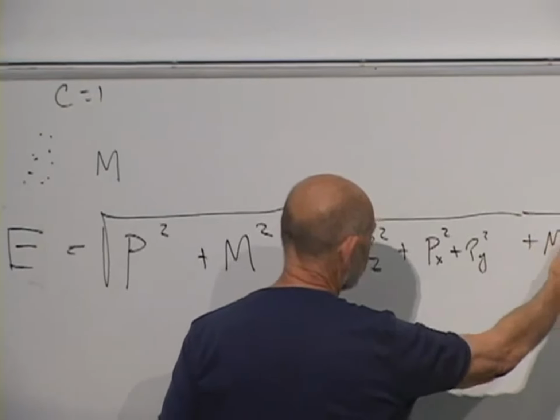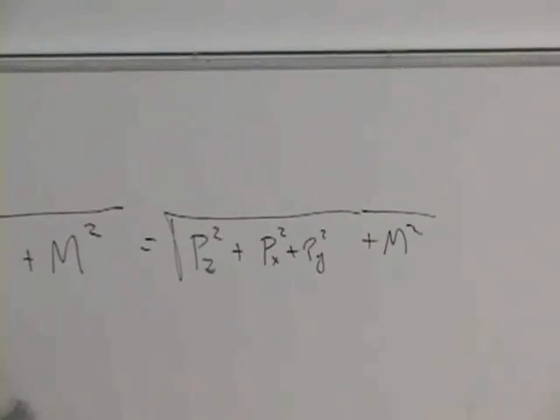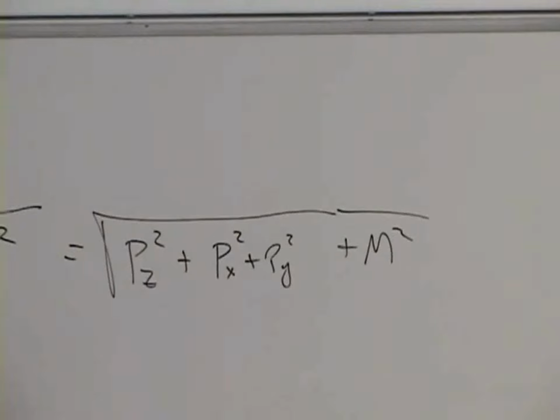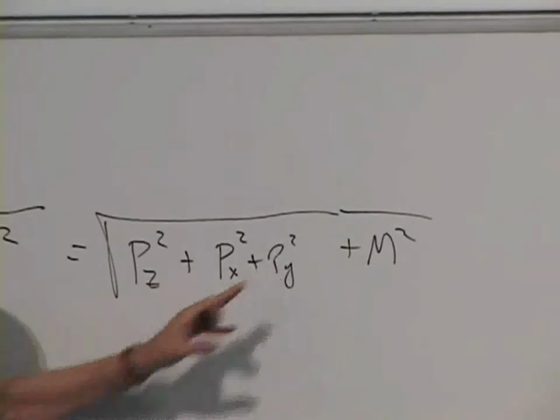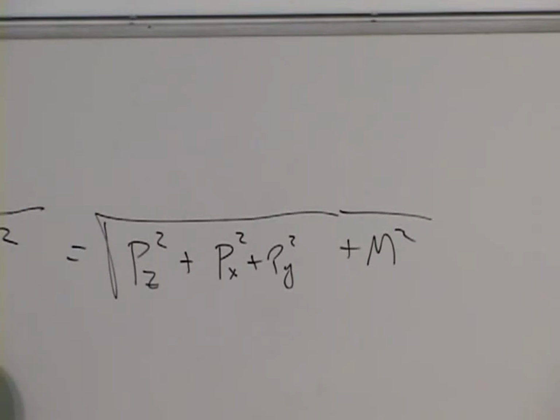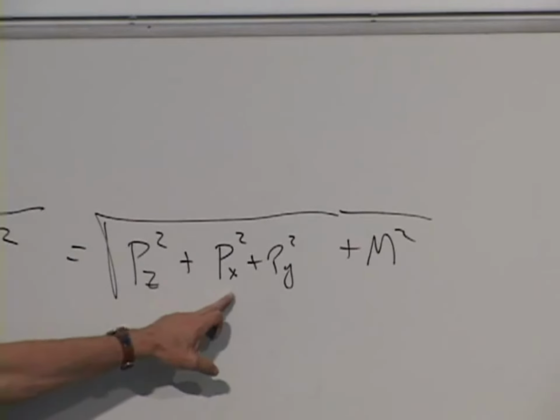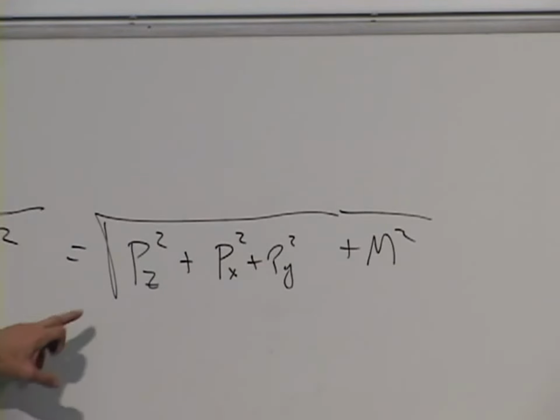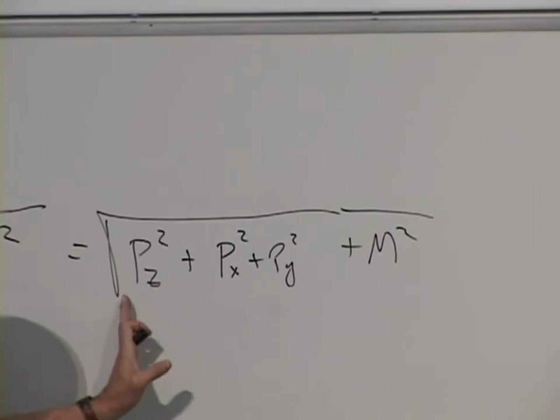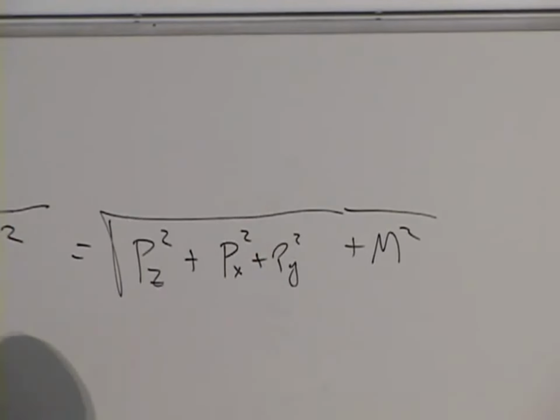Plus m squared. When you boost a system along an axis, let's say the z-axis, the other components of momentum don't change. So as long as these components of momentum are finite, you can always make pz much bigger than anything else in the problem, bigger than px and py, and much bigger than m.